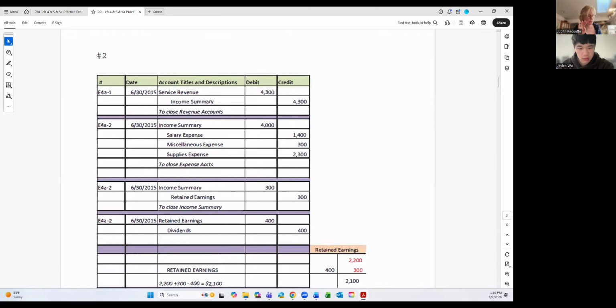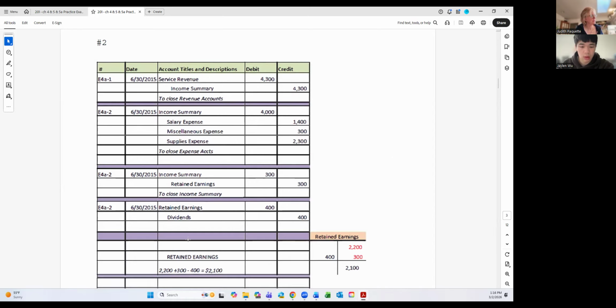Remember, it's 4 closing journal entries, and first we debit the revenue account if there's one. If there's two, we debit each of those revenue accounts, like service revenue and sales revenue. You debit both of them, and then you credit income summary. Then you credit out all the expense accounts and make one big debit to income summary. Then here you close income summary and here you close dividends.